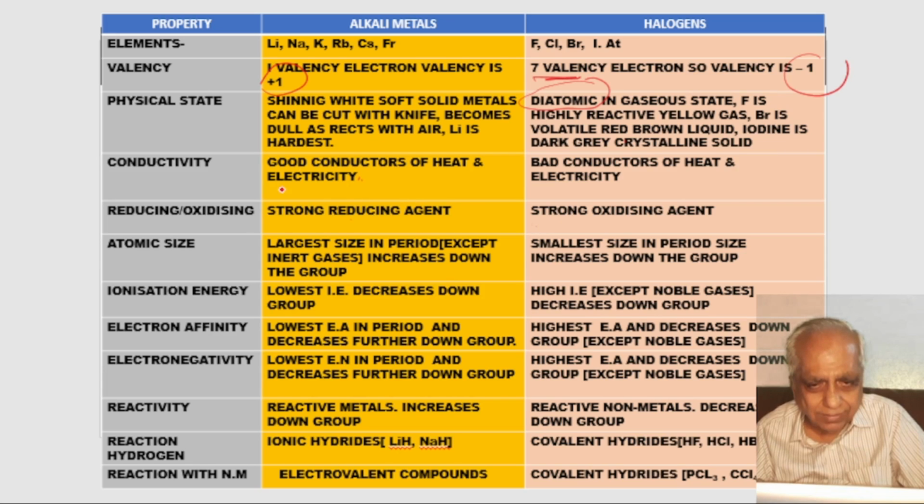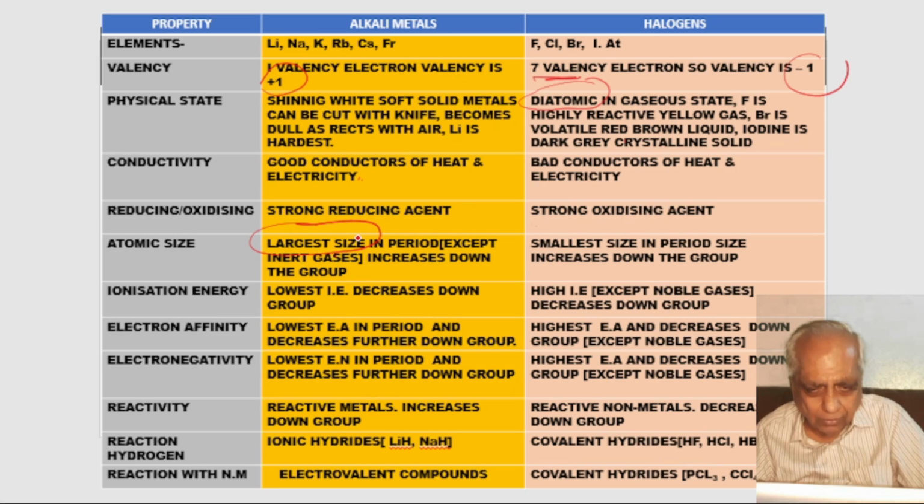Atomic size. Alkali metals are in group number 1. Then as we move along the period, what we find is that due to more nuclear charge, the electrons are attracted towards the nucleus, so the size becomes smaller. Therefore their size is largest because they are at the beginning of the periodic table, except inert gases.